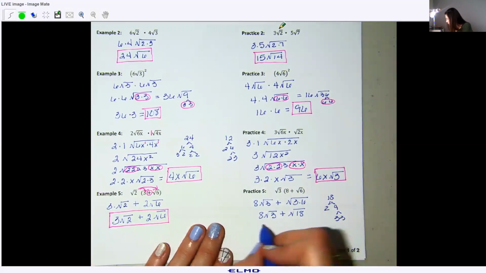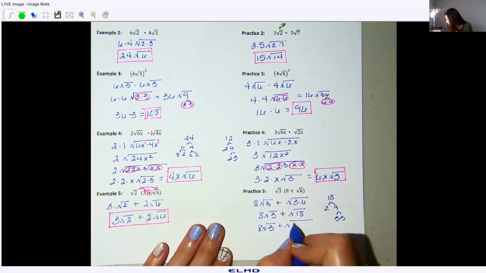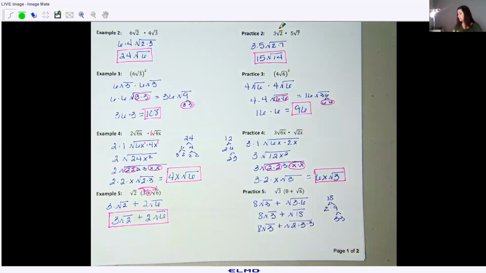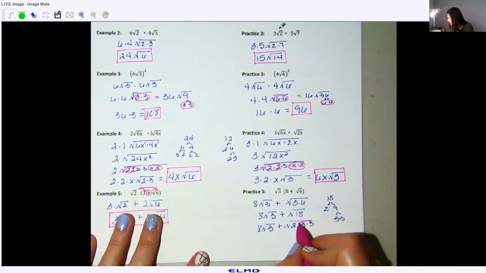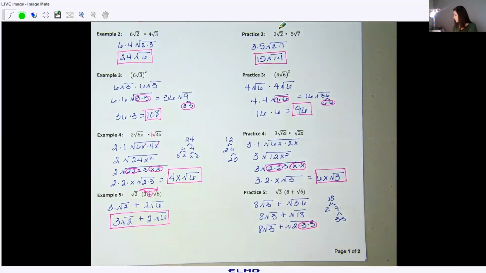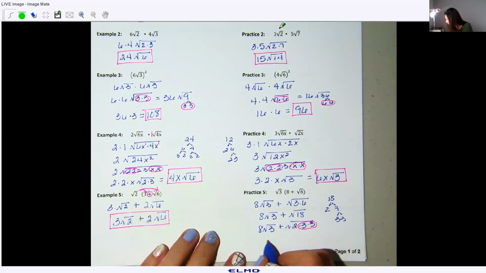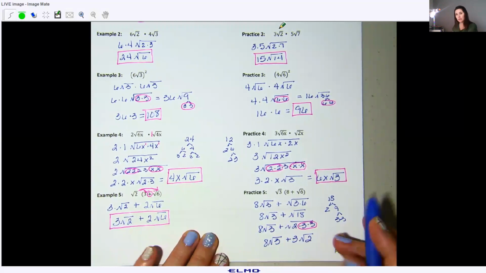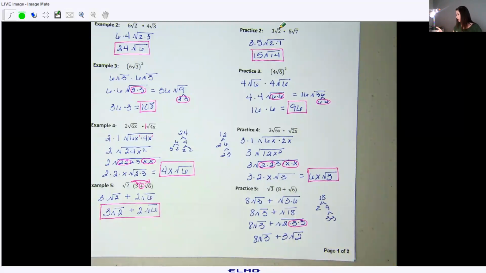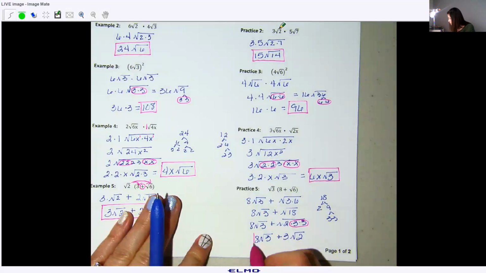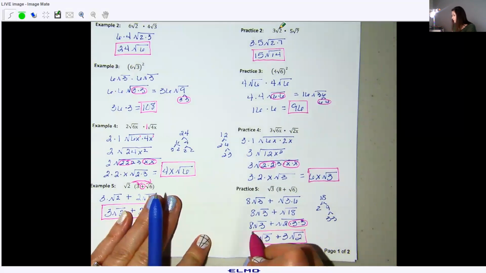So 8 square root of 3 plus 2 times 3 times 3. I can pull out my 3 here, and I end up with 8 square root of 3 plus 3 square root of 2. And that's as far as I can go with that problem. I can't combine them.